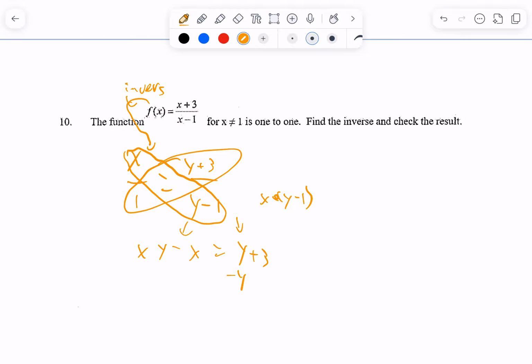So we have to minus y on both sides. And then we're just left with x minus x equals 3. But that doesn't make sense because I did not do that right. I'm sorry, I'm a little rusty in this part.